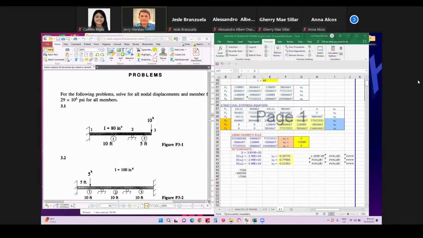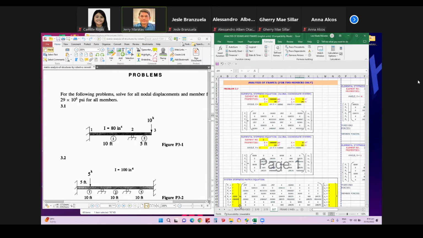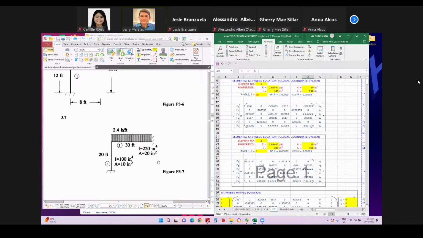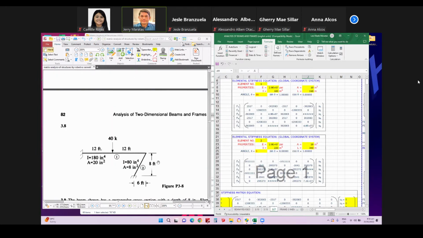Clear the drawing. Let's go to 3.7. This one is for frames.